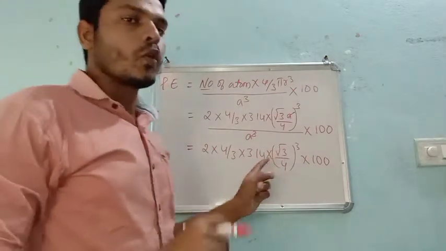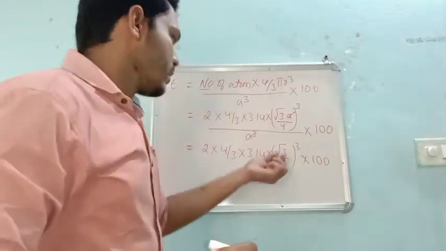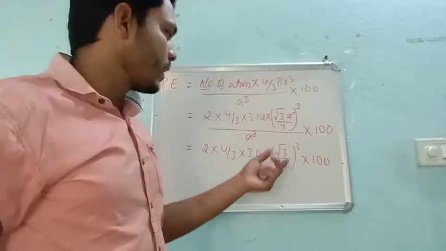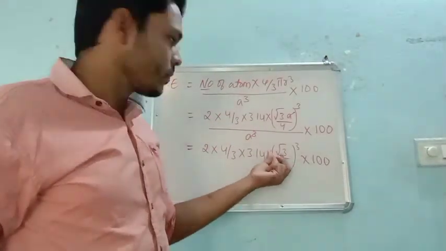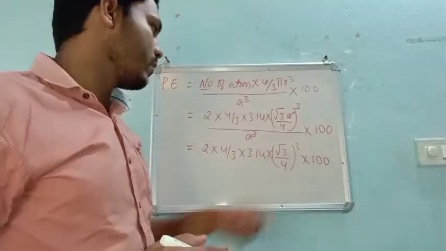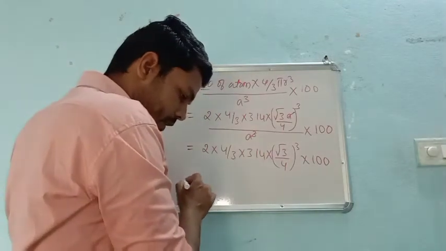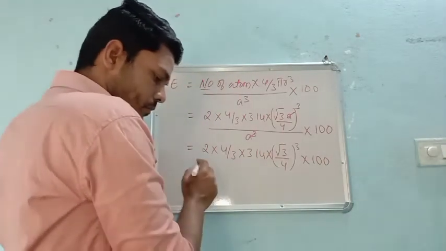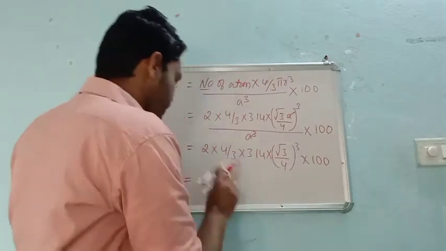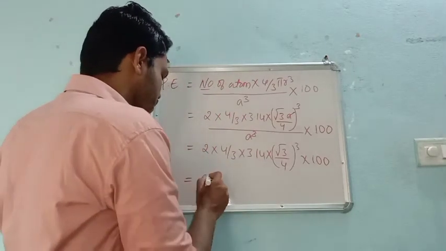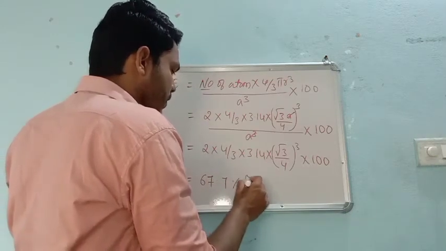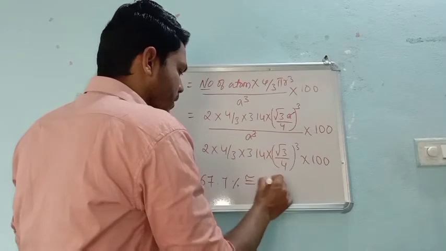First you take the root 3 value, and then you divide it by 4. Then whatever value comes, you cube it, you multiply 3 times. And nearly what we get is approximately 67.6 or 7, so you can put this as 68%.